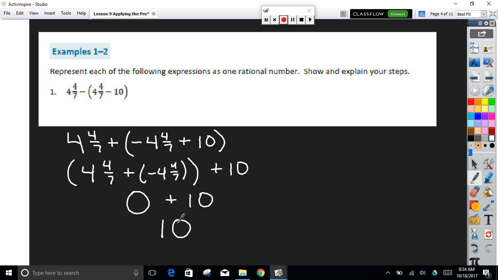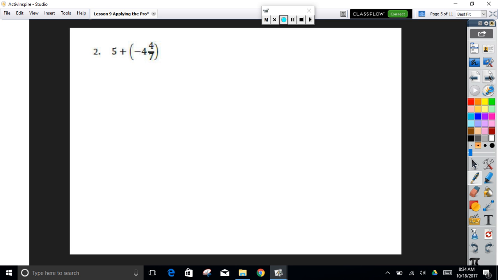Okay, but for today, I want us to be really specific and think about what properties we're actually using. A lot of times, especially as accelerated math learners, we will do things in our heads and we don't really think about why we're doing them because we don't have to really think about why we're doing them. But then when the examples get harder, we get a little confused. So it's helpful to really understand what you're doing, why you're doing it.